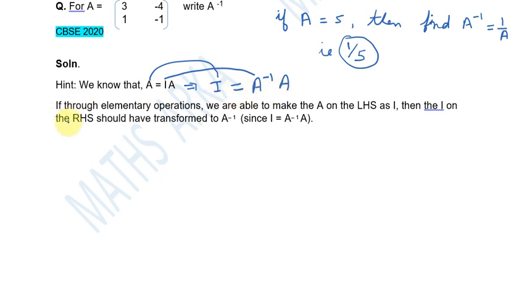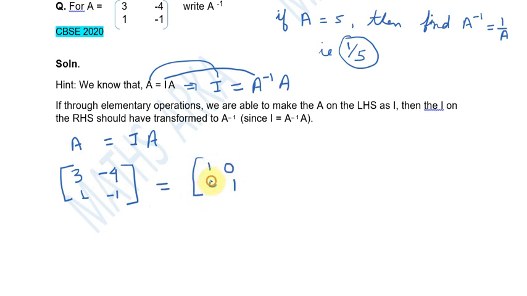Now let's try to do it based on the hints that are present over here. A is equal to IA, this is what we have. So A is equal to 3 -4, 1 -1. And here I is 1 1, and these two are 0.